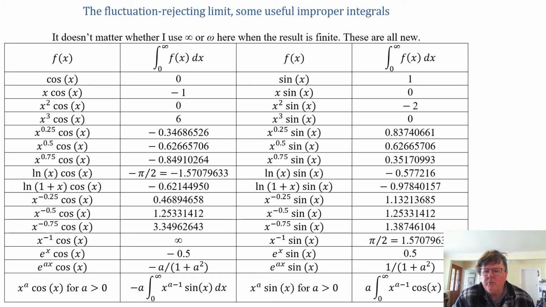X to the power 0.25 cos x relates to x to the power minus 0.75 sine x. Anyway, those are new integrals and their average values using the new limit.